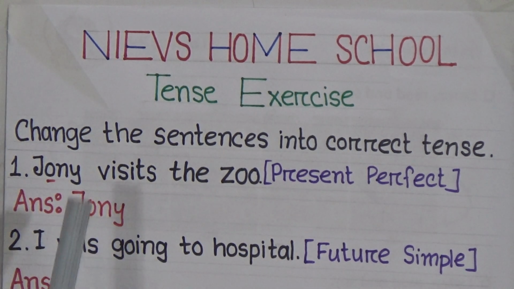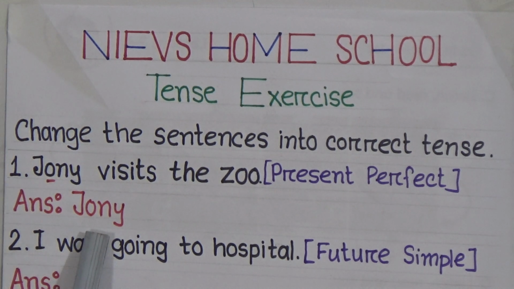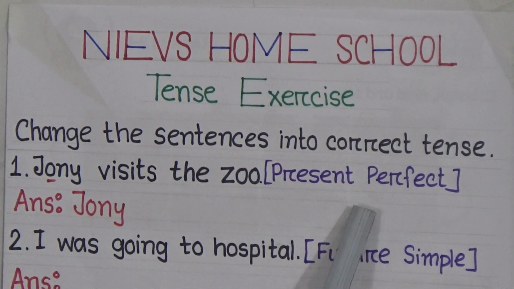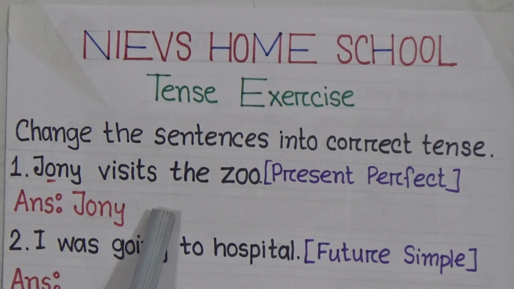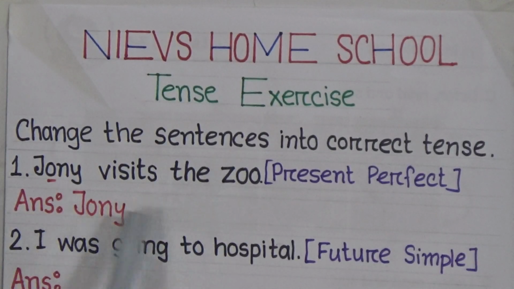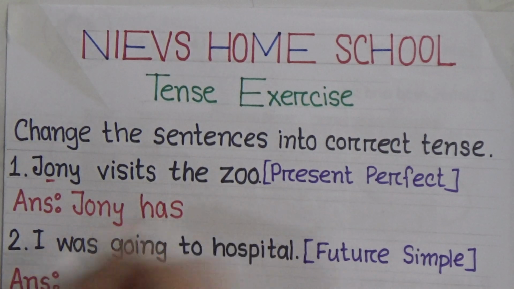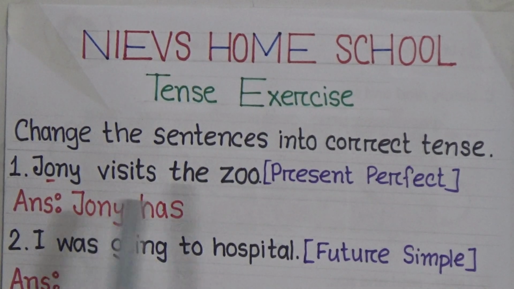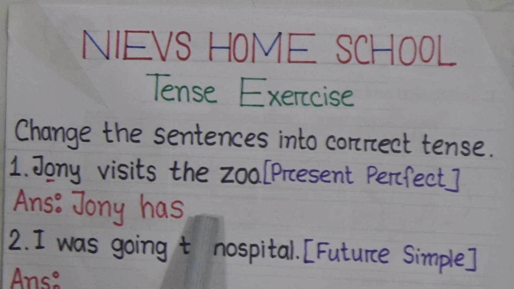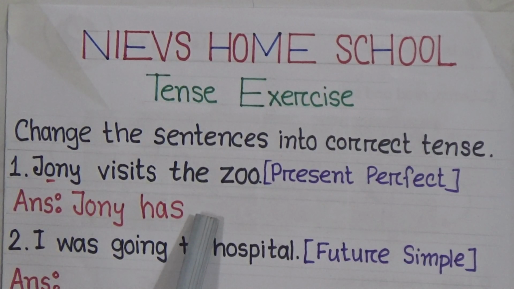According to structure, first you have to write the subject, then verb. So for present perfect tense, we have to use have or has. Here Johnny is third person singular number, so we have to use has. We can't use have. So we use has. Johnny has. Now we have to use the past participle form of the verb.